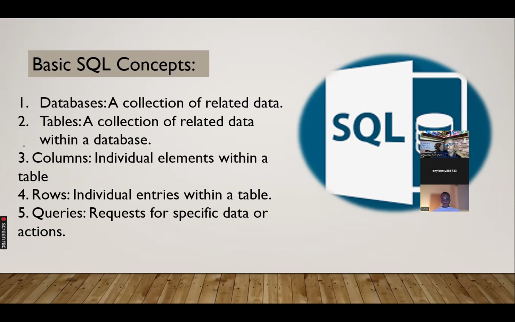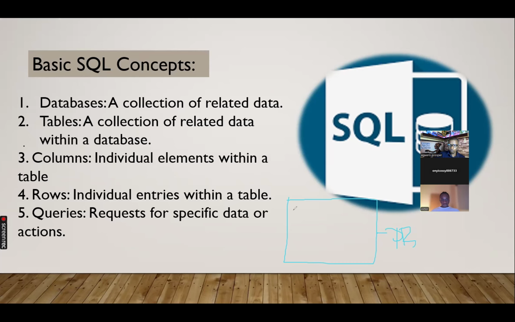Like the diagram that I drew the other time, let's assume that we have this as the database itself. When we say it is a collection of related data, we are talking about tables that will be holding values inside this database, and one way or the other, those values are related.